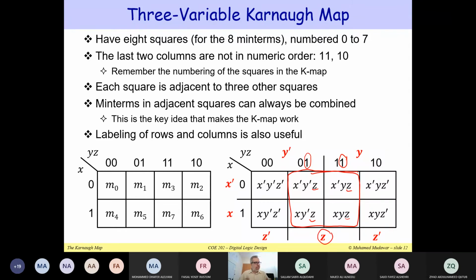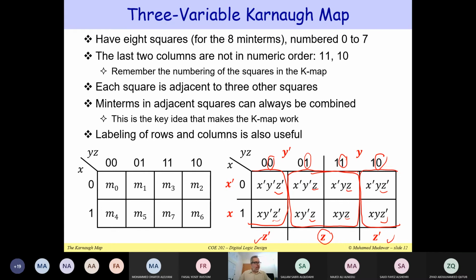So you can combine them into z. And finally, you can combine these four on the boundary. What is common between them is z equal to 0, which is z prime. If you combine them, you get z prime. Notice that you have z prime, z prime, z prime, and z prime.